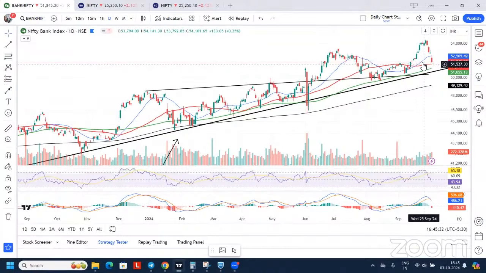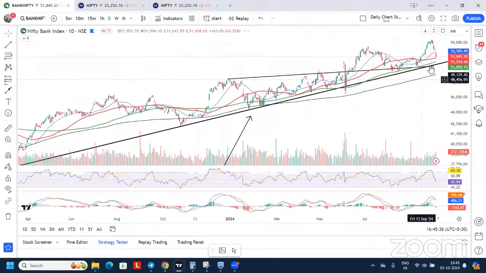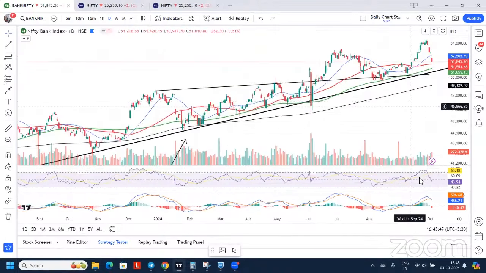If it falls below that, we might see some more downside towards 50,000. Even if that level breaks, we might see the 200 DMA, that is 49,000, about 1,000 points from there. The momentum indicator is clearly showing downside. If it gets support around that level, then we might see some more consolidation in the upcoming days.